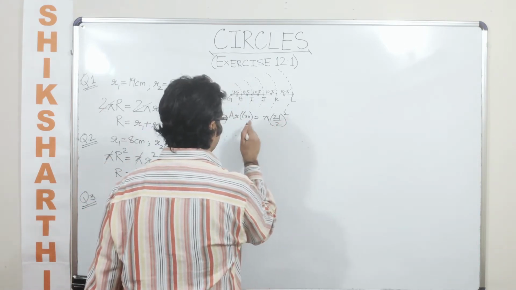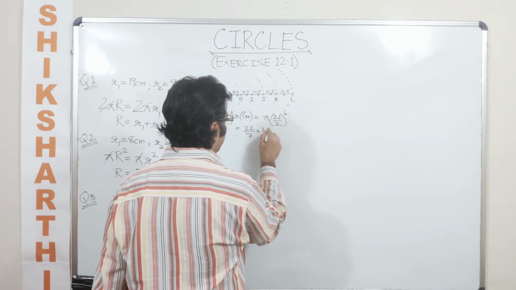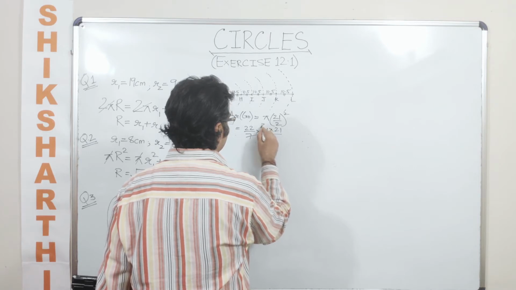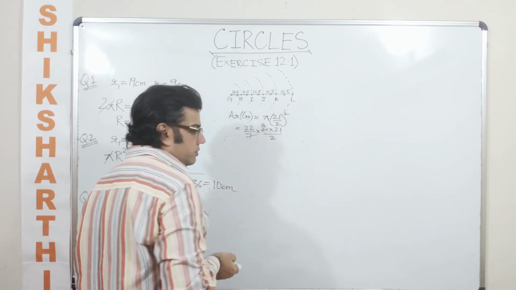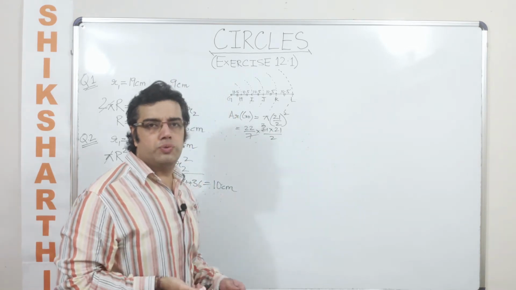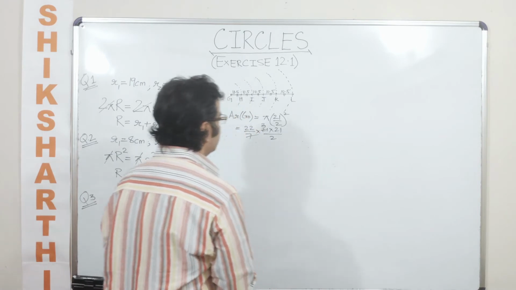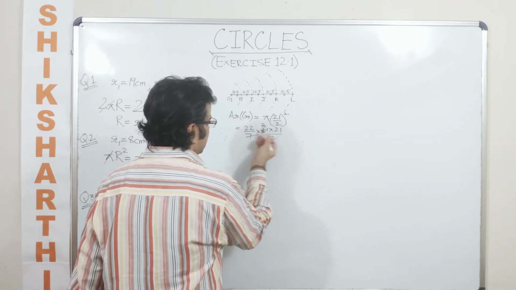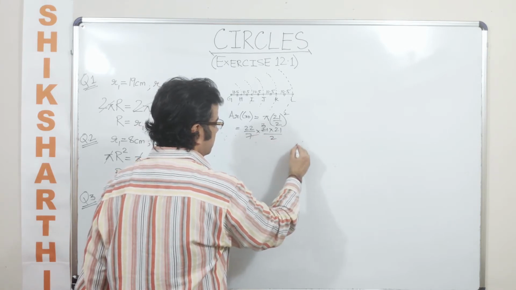So this is 22/7 into 21 into 21 divided by 2. How much is 21 whole square? So let's say 441. Or we can calculate it otherwise. So how much is 21 into 22?